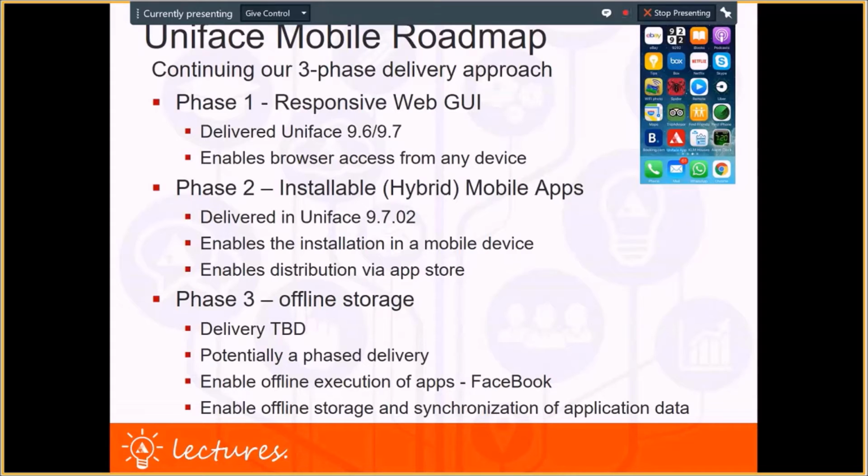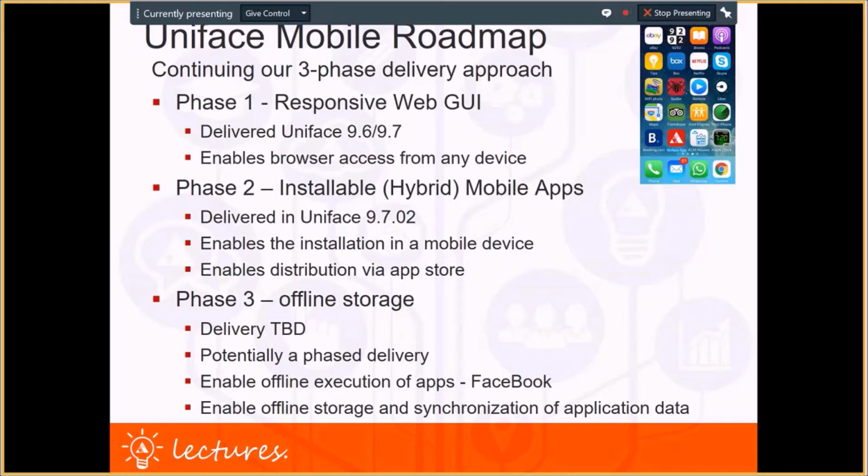The next step, phase 2, and we are sort of almost completing that one, is make an installable hybrid mobile app, and that will be delivered by Uniface 9702. It enables the installation in a mobile device, so it also enables the distribution of the mobile application using an app store.